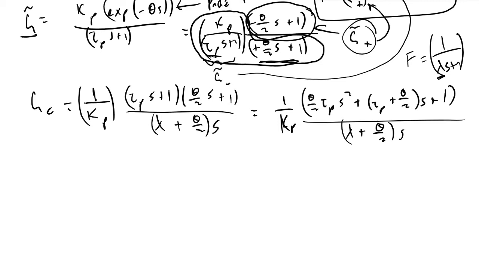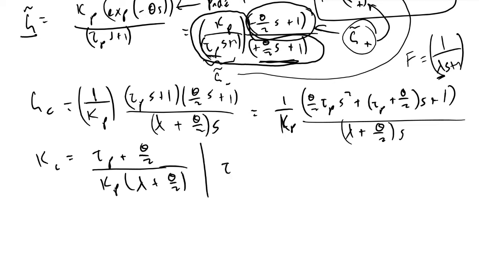We can now rewrite this GC in the form of a standardized PID controller, to recognize that the controller gain constant we should go with based on this IMC method is equivalent to tau p plus theta over 2 divided by your process gain constant Kp times quantity lambda plus theta over 2.